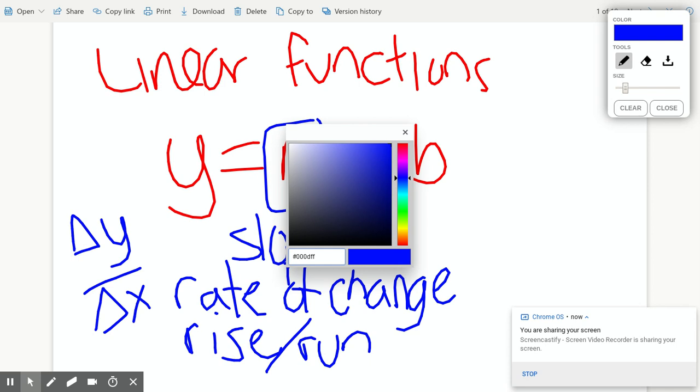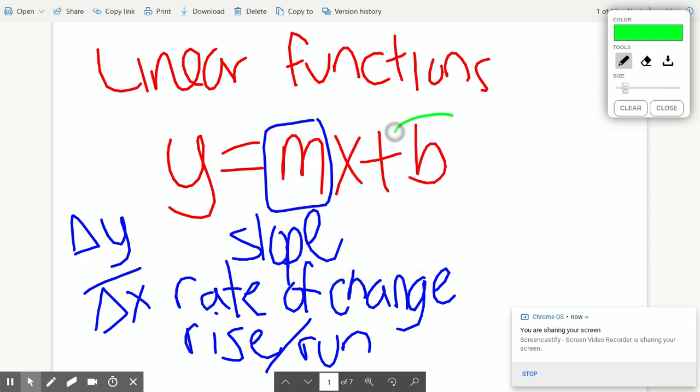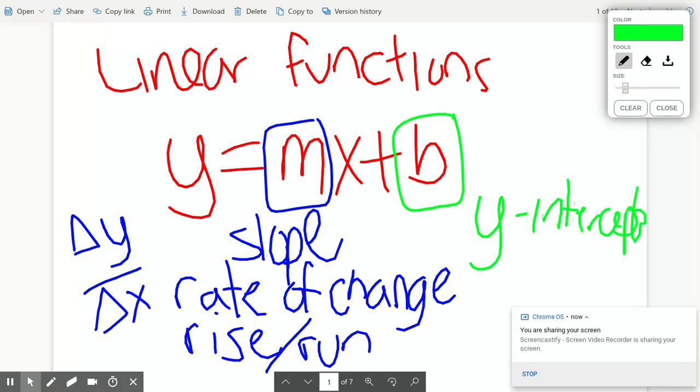Now your b value, that is your y-intercept of your line, meaning it's where the line hits the y-axis.